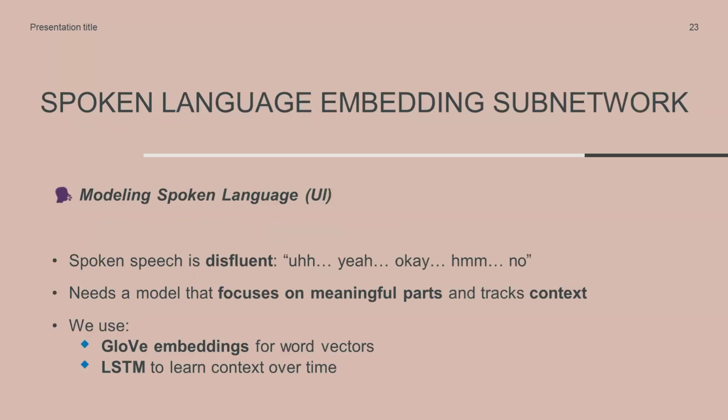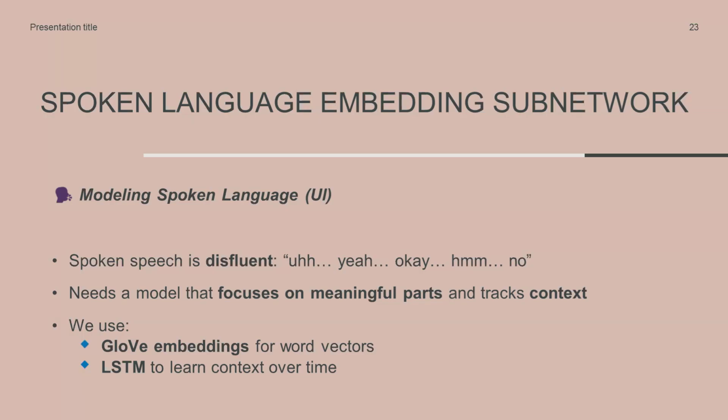Spoken language embedding subnetwork. Modeling spoken language: unlike written text, people speak with lots of pauses, fillers, and fragmented expressions like yeah, okay, no. So we need a model that focuses on meaningful parts, removes this noise, and tracks context.